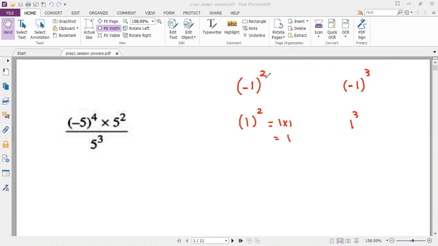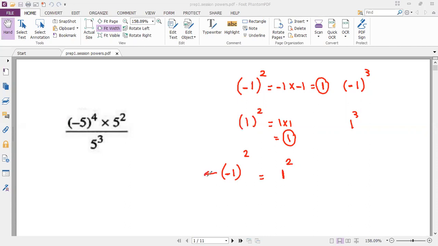And -1 raised to the power of 2 is -1 multiplied by -1. Negative times negative is positive, so it's 1. What do you notice? We have the same result, 1 and 1. So -1 raised to the power of 2 is the same as 1 raised to the power of 2.